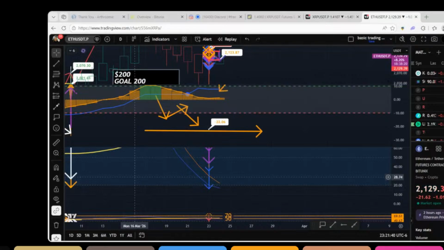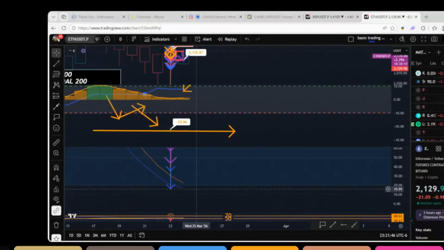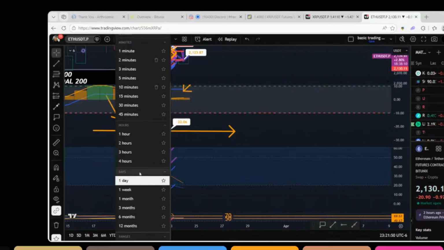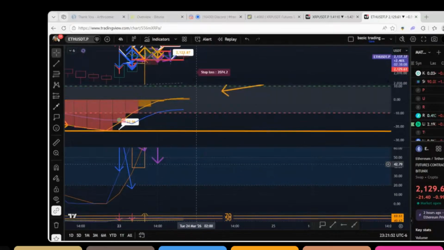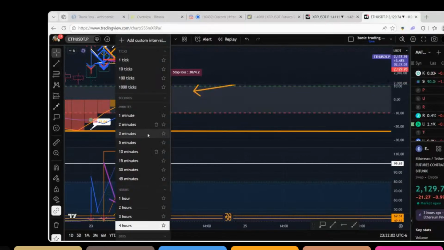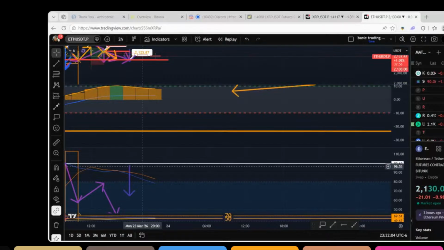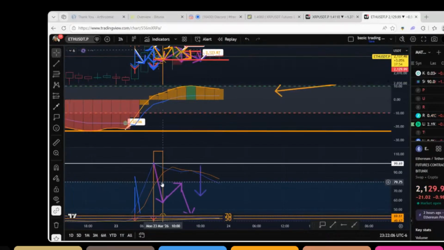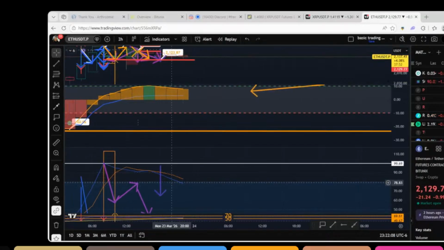If I'm playing above 10x, 20x or something like that, then I have to wait for the daily and the 4 hour, because I need the 4 hour to be moving in my direction no matter what, because my leverage is above 10, 20%. So I need my daily to kind of sprout up. But if you're going 20, 30 or higher, then you need to be working off your 2 hour. You need confirmation off these earlier time frames.